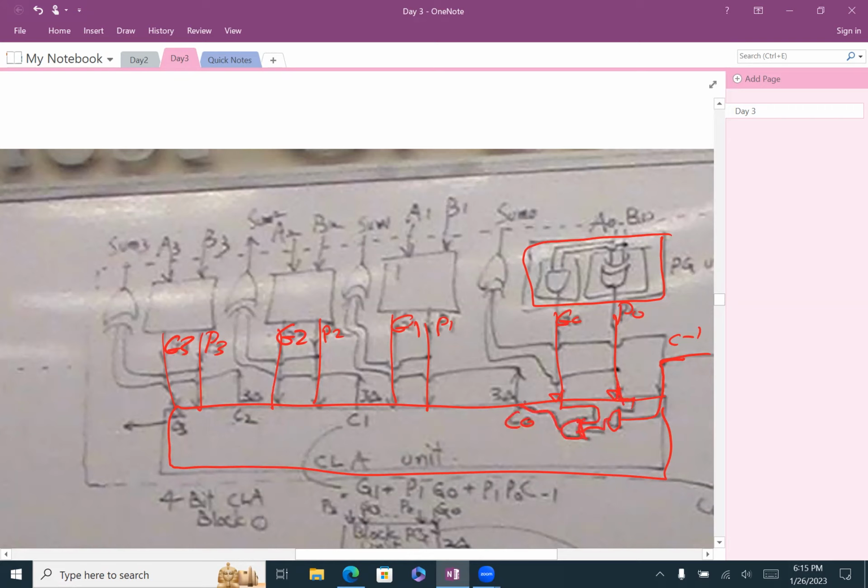What about the C1? What's the circuit for the C1? It's going to be a 3-bit OR, correct? What's your circuit here? Either it's generated here, correct? Or it's generated here, perfect, and propagated here, perfect.